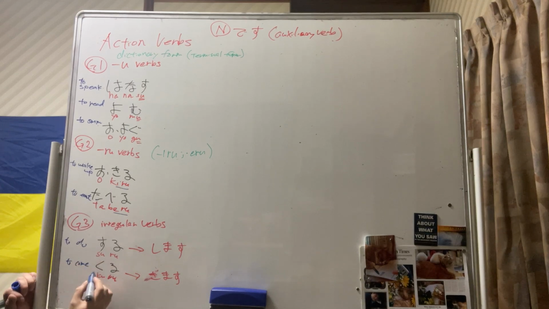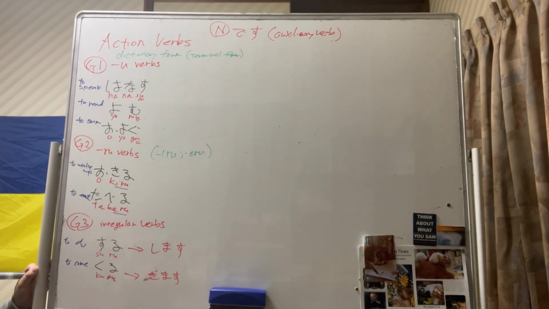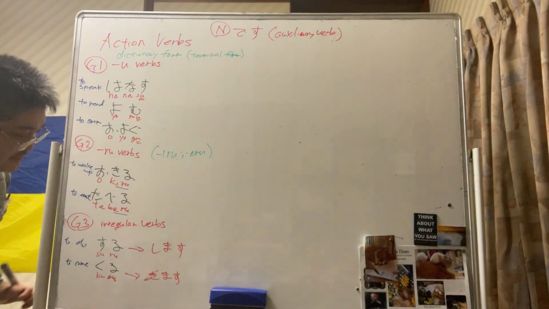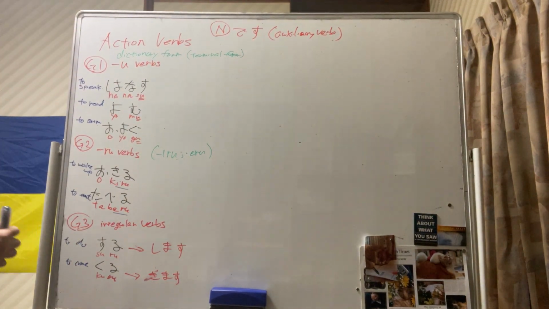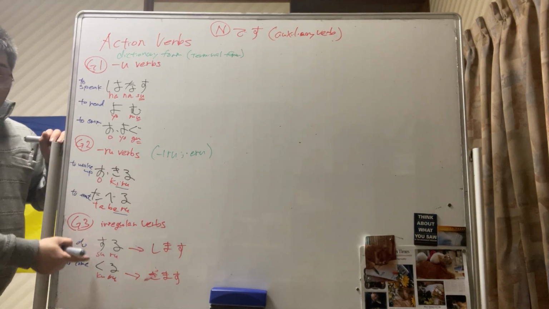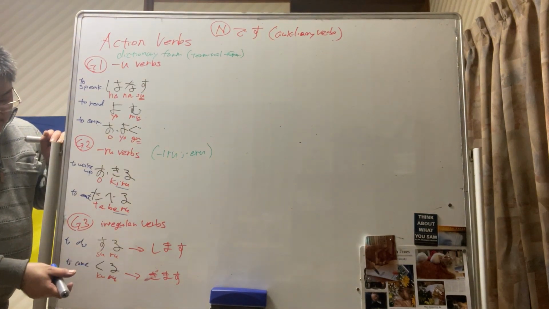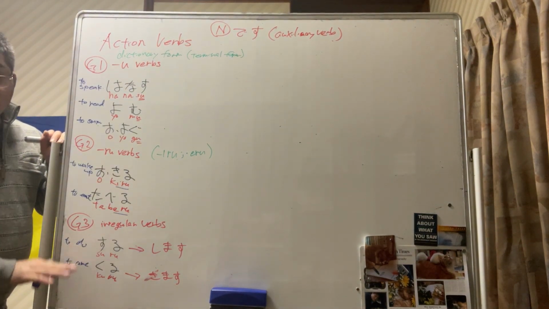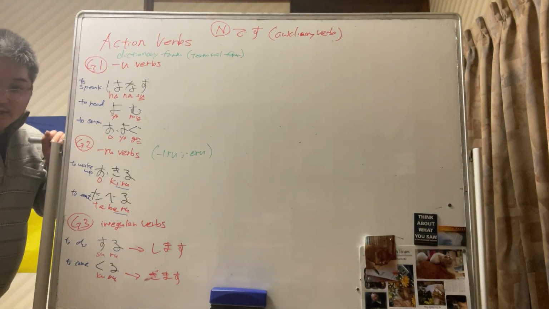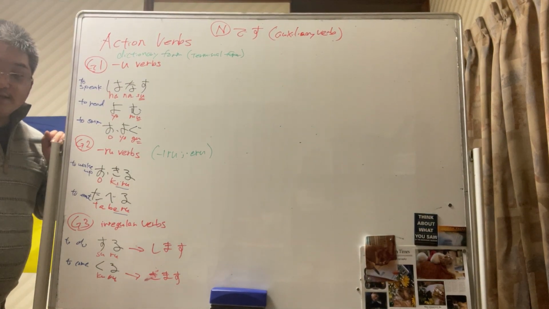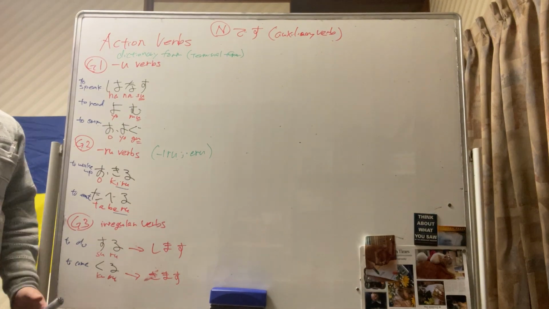And especially 来る changes. Well, actually, both change fairly irregularly in many different parts of the language conjugation. So these two, the only two irregular verbs, you have to memorize them. But in English, there are many irregular verbs, like speak is an irregular verb.